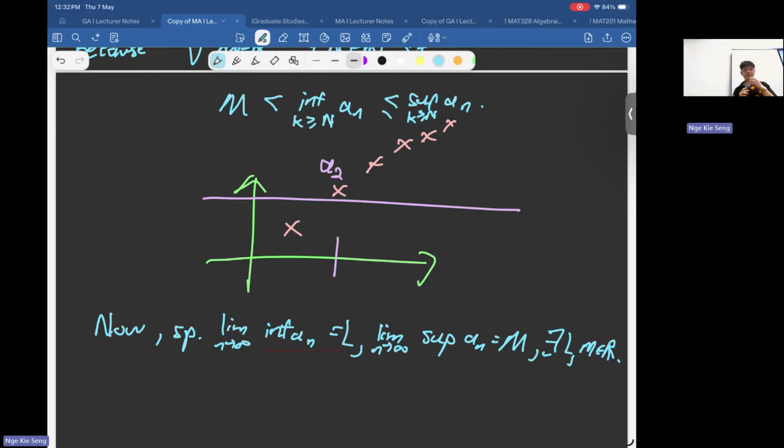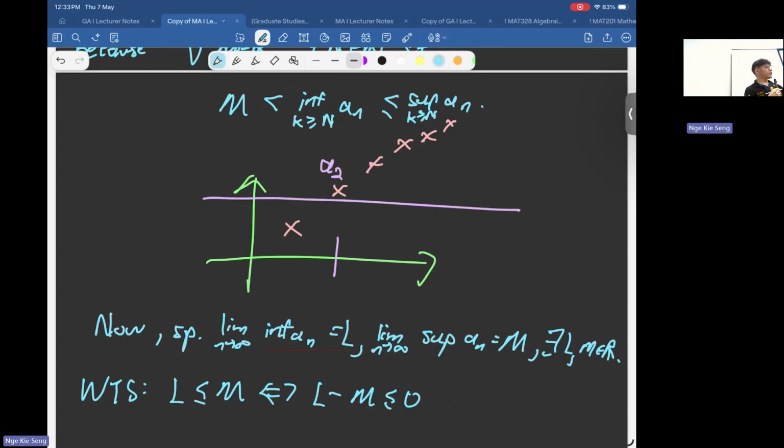We want to show that L is less than or equal to M. Or maybe you can show that L minus M is less than or equal to 0.